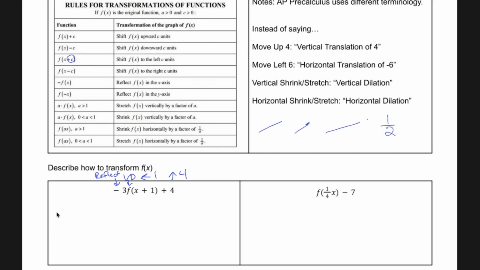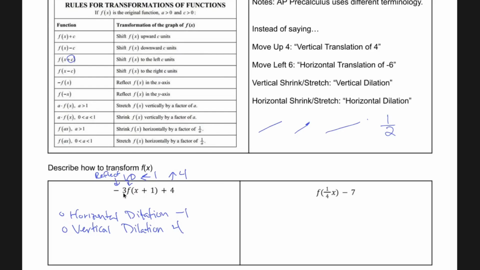So let's say that. Left 1 is a horizontal dilation. That says dilation. Moving left 1, -1. By moving up 4, it's a vertical dilation of +4.